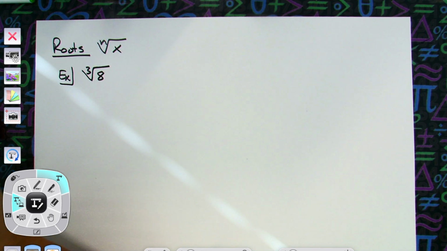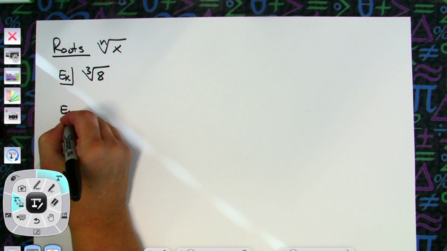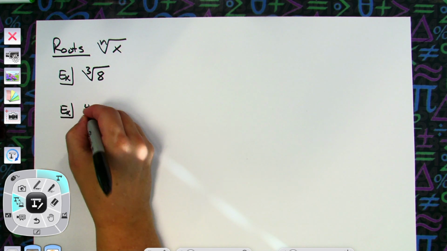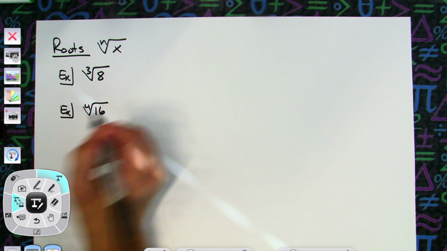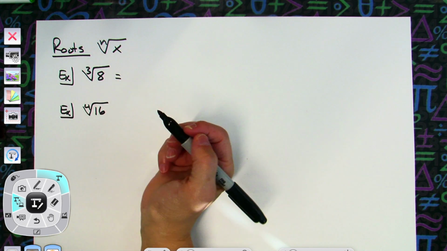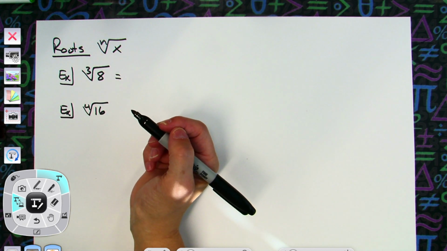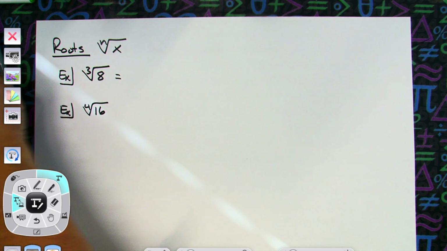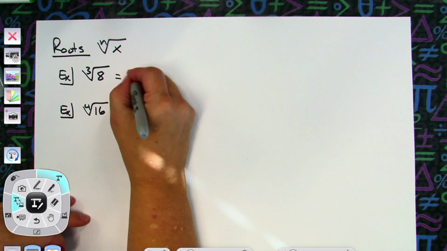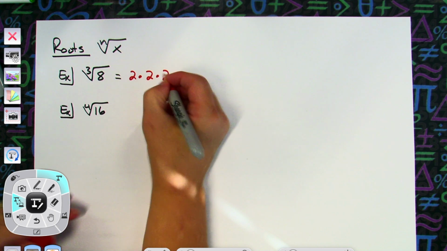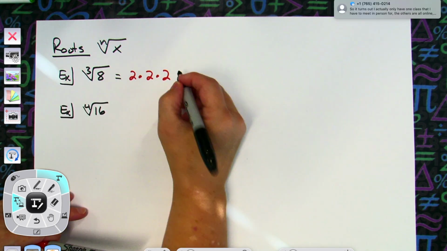Okay, I did that on purpose so it'd come out even. All right, so if it's a cube root, you're looking for a number which multiplies by itself 3 times. If you had a fourth root, you're looking for a number which multiplies by itself 4 times. All right, so can we do cube root of 8? Cube root of 8 is going to be 2. All right, because if I took 2 times 2 times 2, if I did it 3 times, I get that 8.